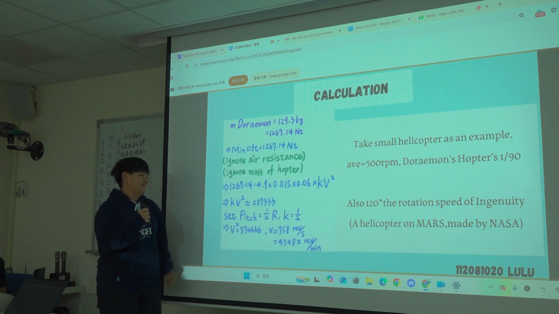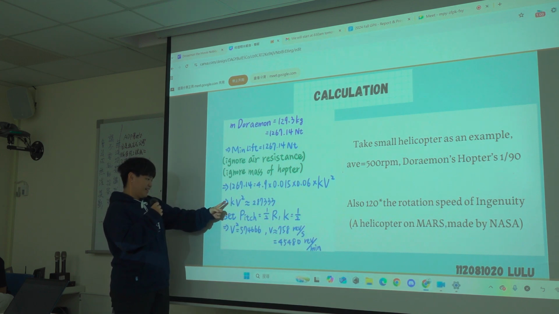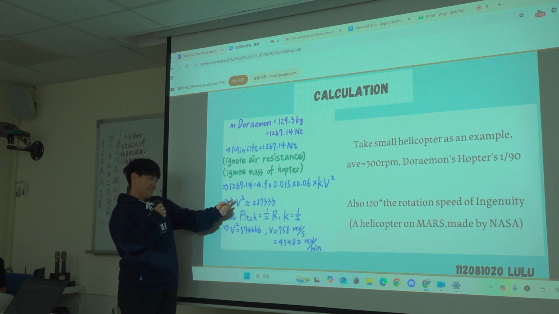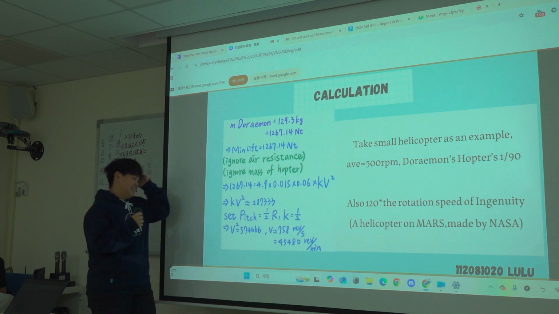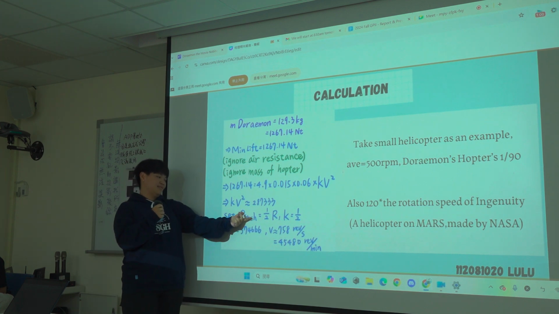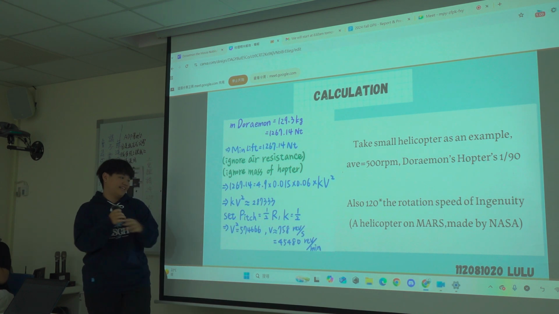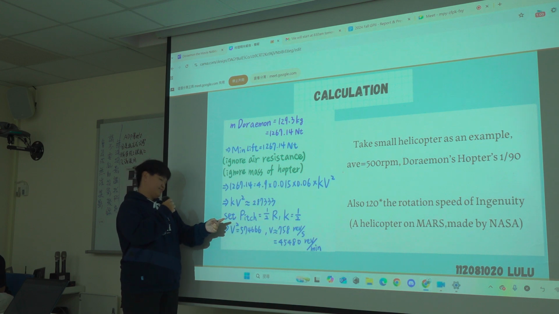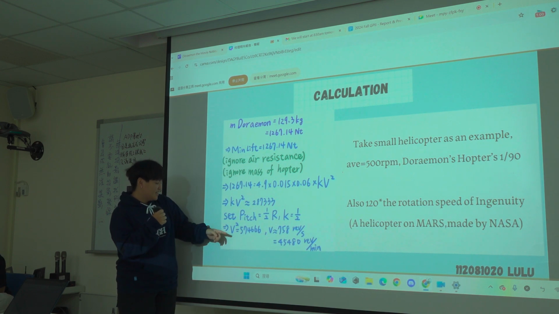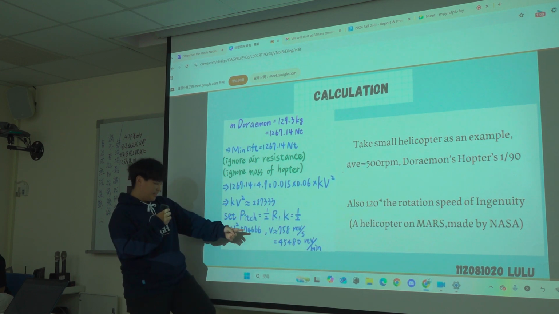Yeah. And I found kV squared is this number, and I said pitch is equal to half the radius of it.